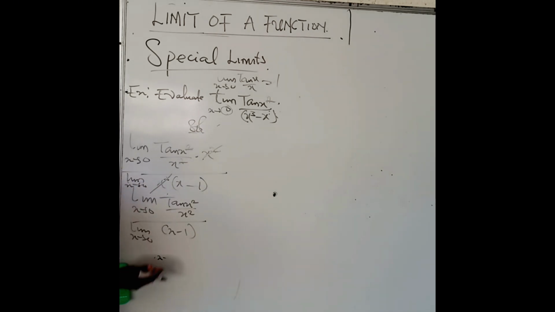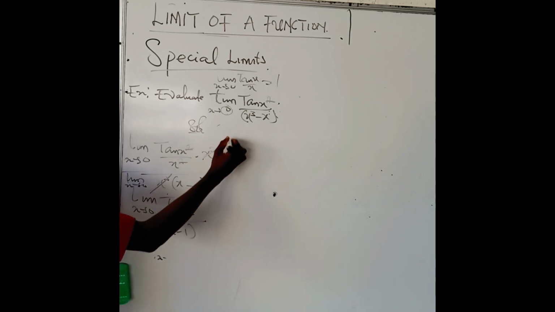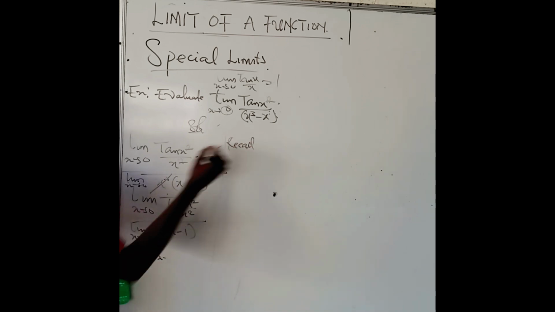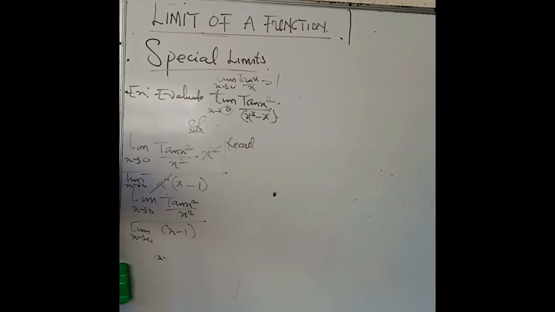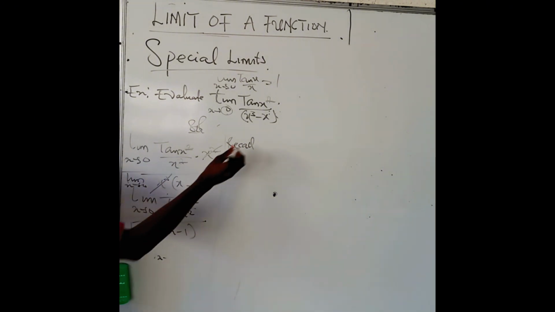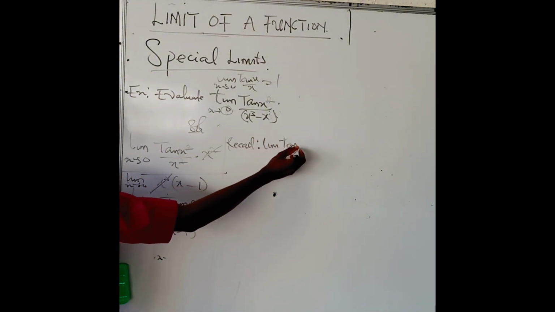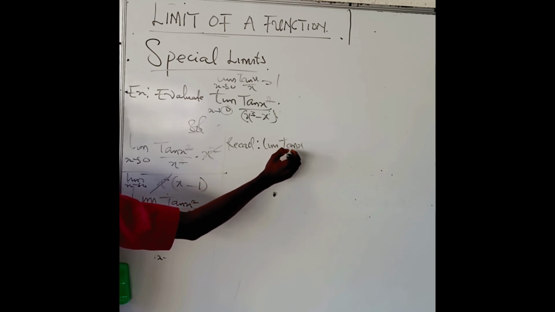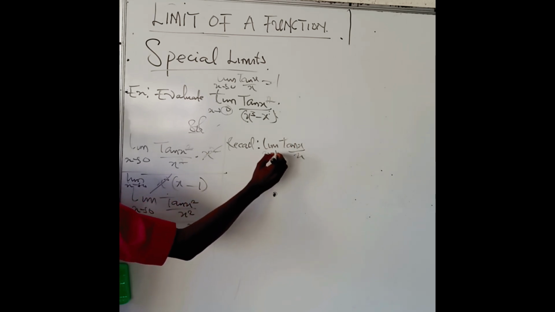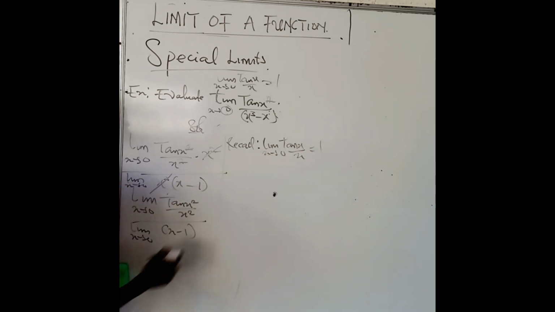So now you have already taken the limit. You can recall that the limit of tan s over s as s approaches 0 is equal to 1.